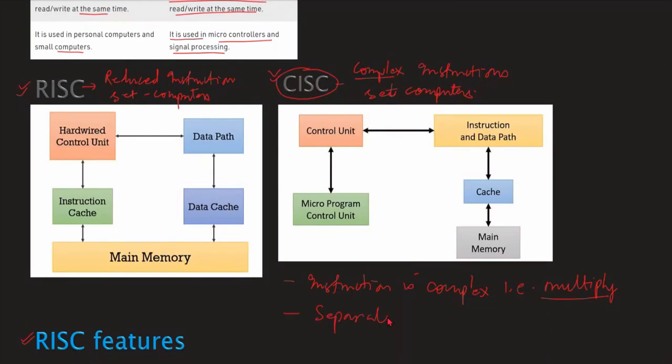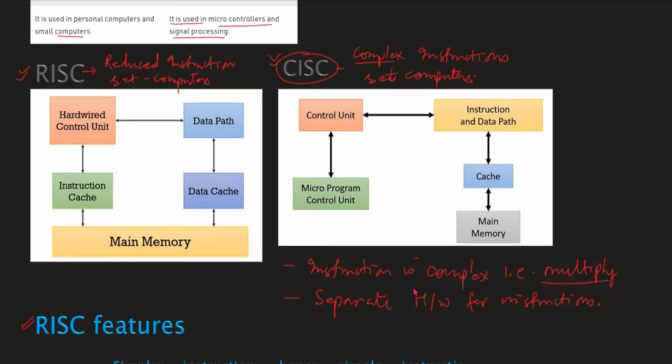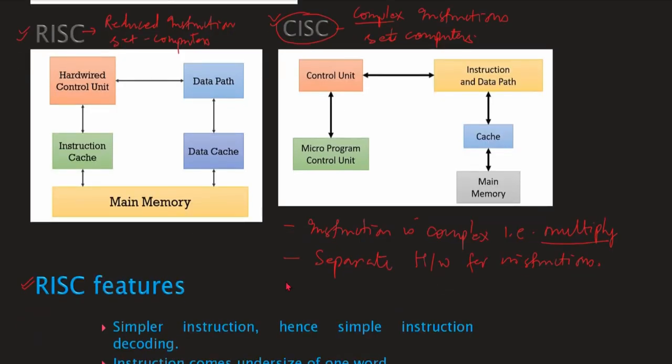So in the CISC type of architecture, to execute the instructions, separate hardware is required. As it is separate, it is considered complex in design, and it is faster because for each instruction there is a separate hardware.